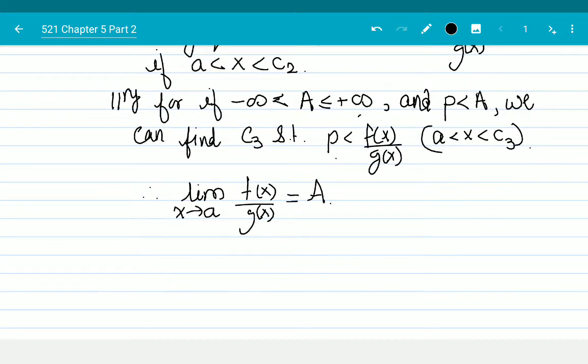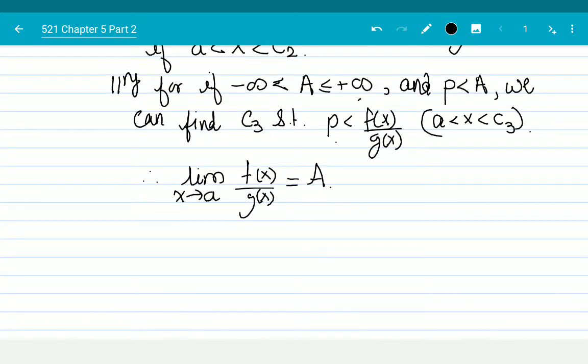Okay. So let's compute derivatives of higher order and use that to look at what is called Taylor's theorem. So by the way, this completes the proof.